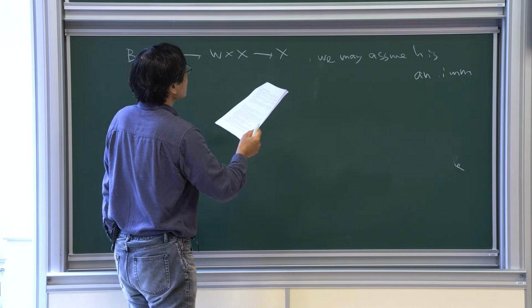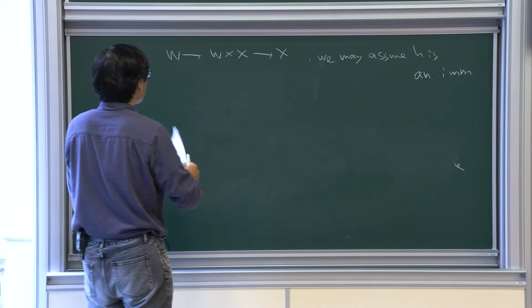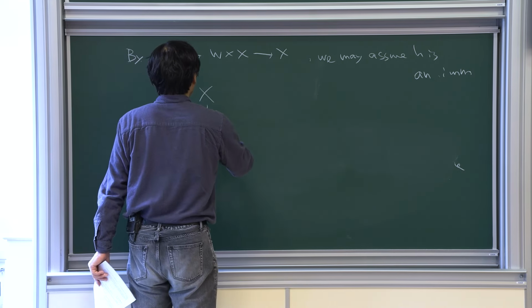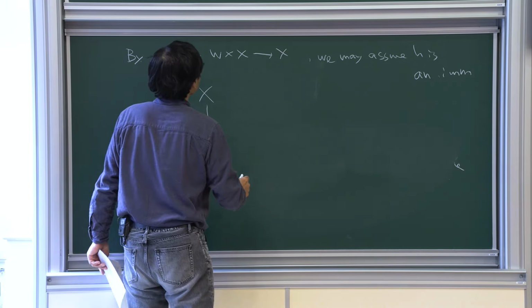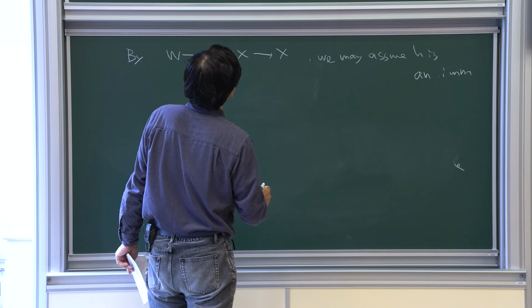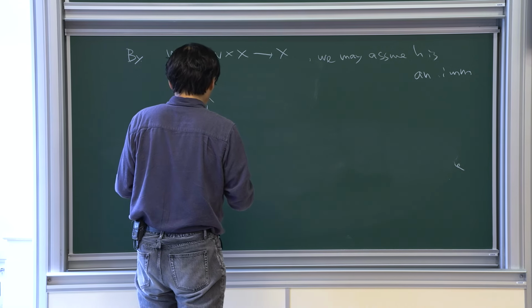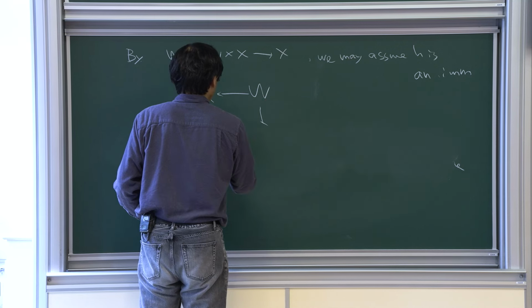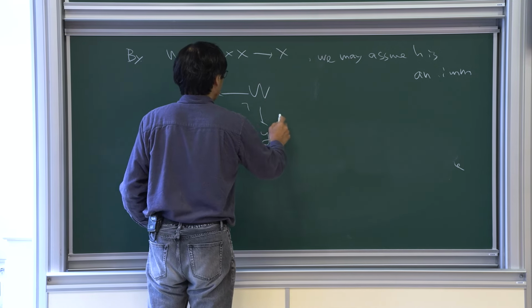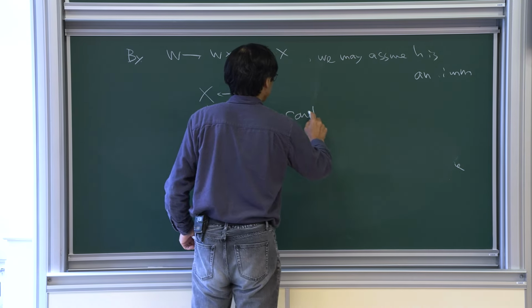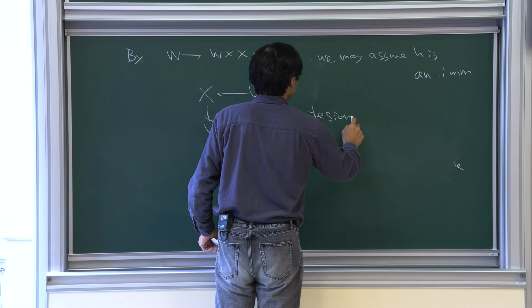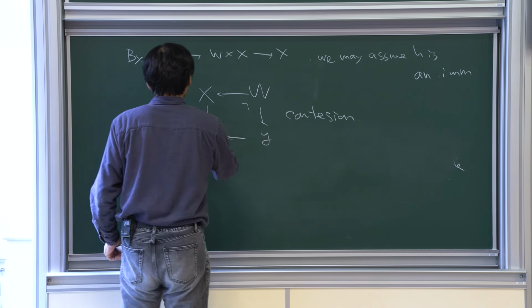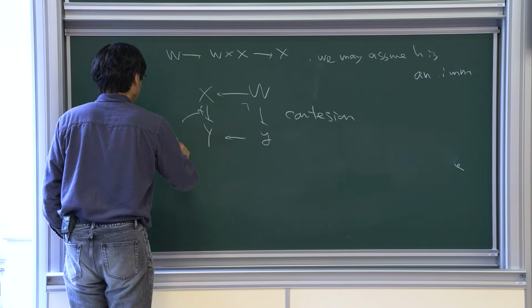And this transversality is a local condition, so we can find this Cartesian diagram, and this f is smooth.